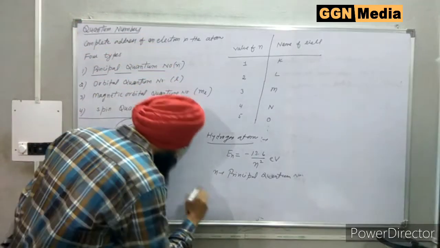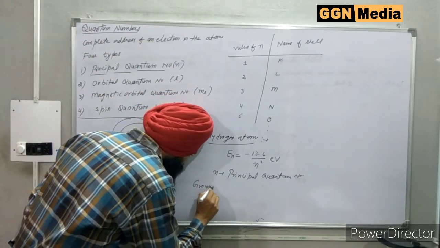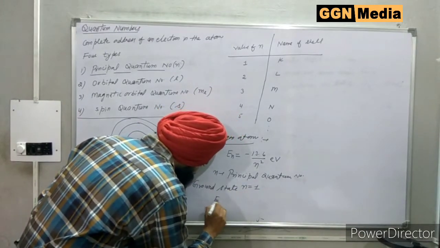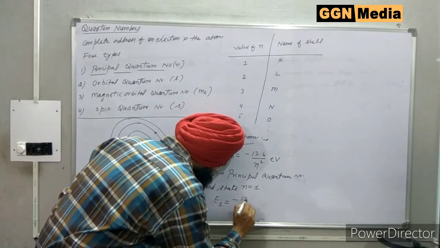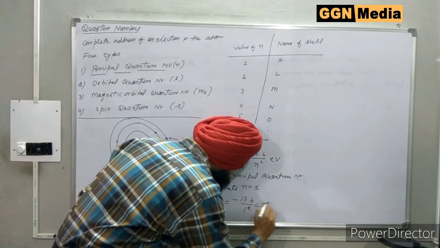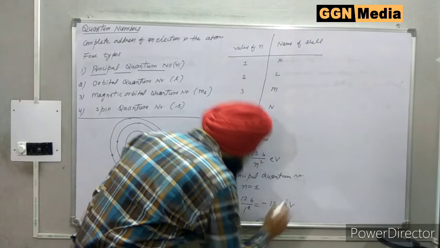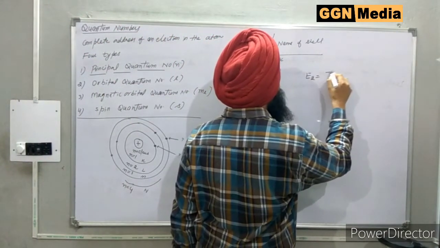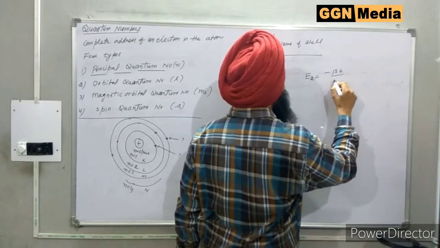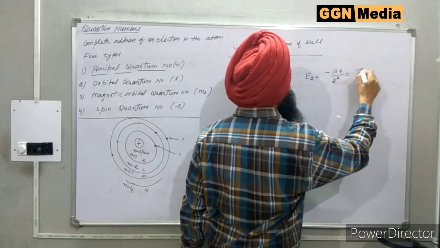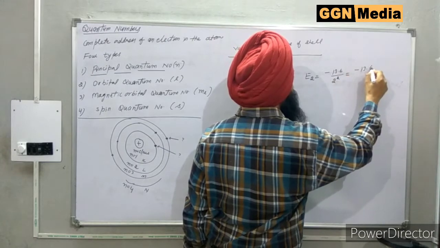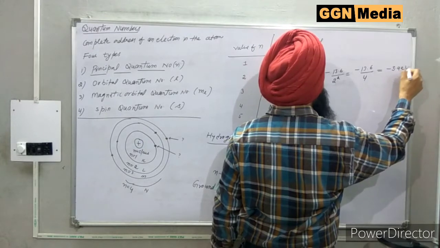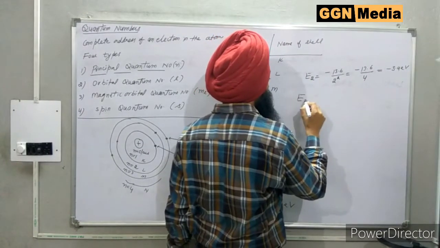Ground state means n is equal to 1. Then E1 is equal to minus 13.6 upon 1 square, which is equal to minus 13.6 electron volt. Further, we can take the value of n is equal to 2. Minus 13.6 upon 2 square. This is equal to minus 13.6 upon 4, which is further equal to minus 3.4 electron volt.